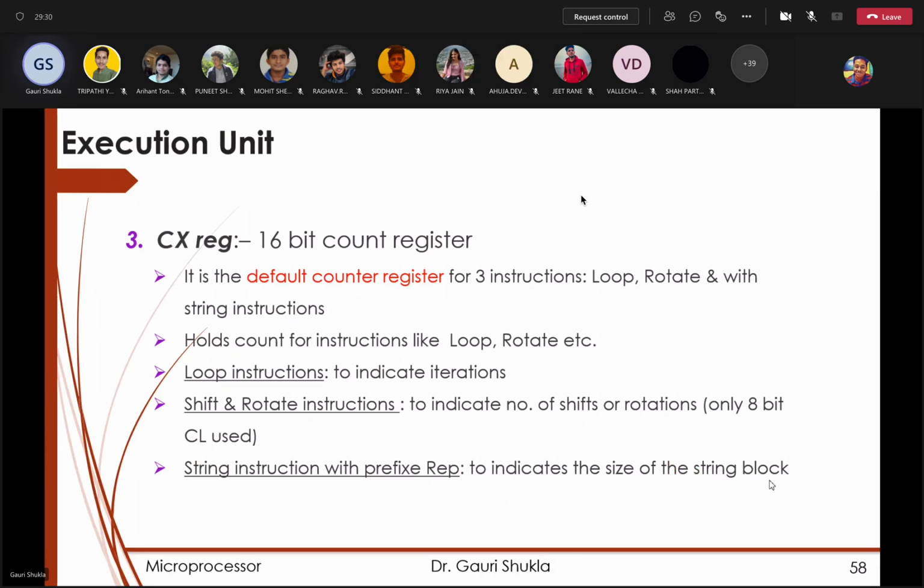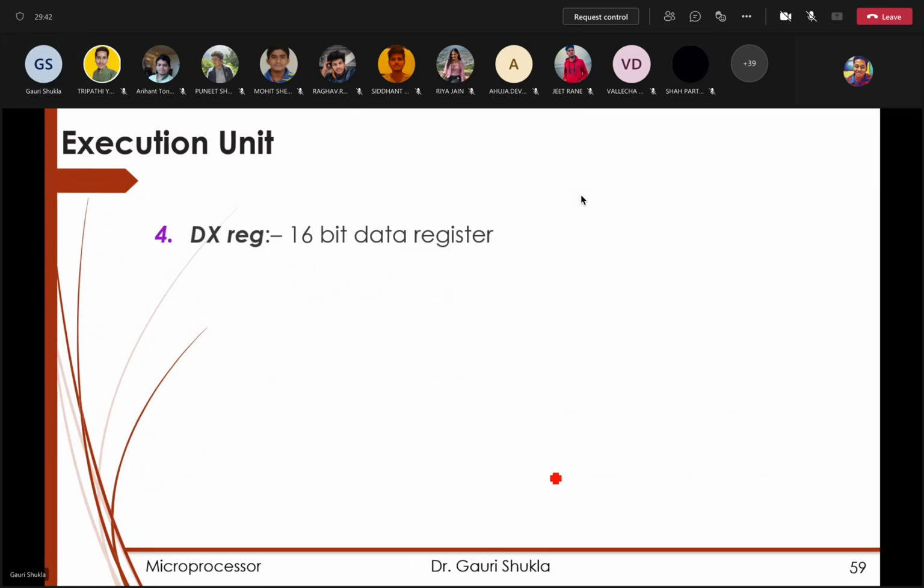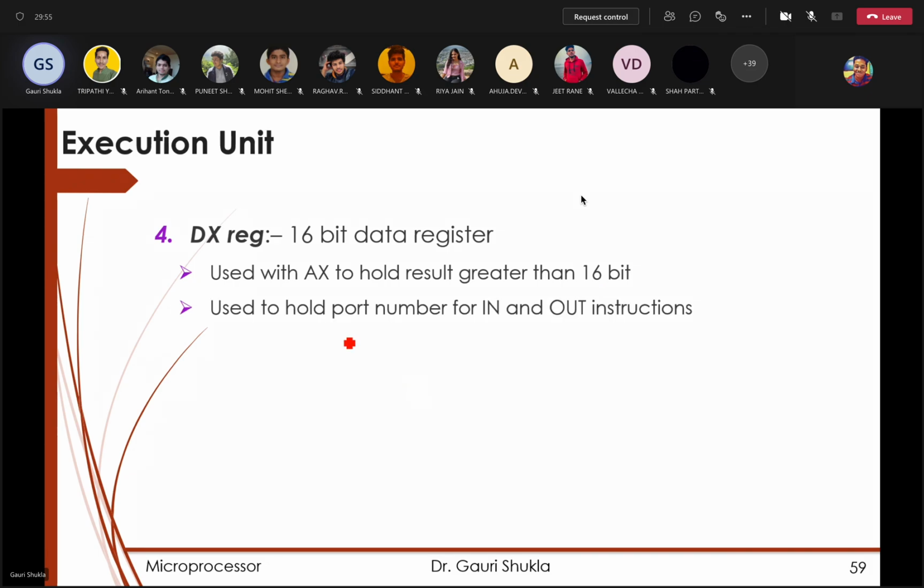So the CX register is used for all these types of instructions. Also in string instructions, which have a repetition prefix, it indicates the size of the string block. Next comes the DX, which is a 16-bit data register. It is used with AX to hold a result greater than 16 bits. This is what we have seen earlier also.